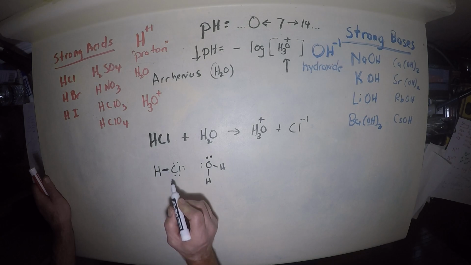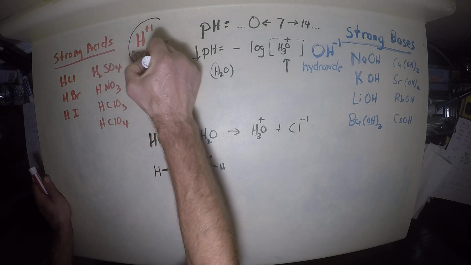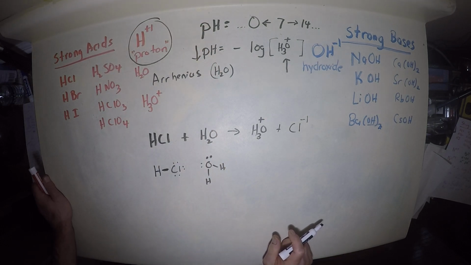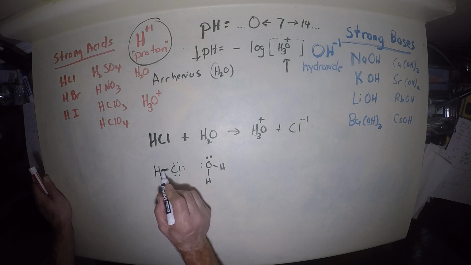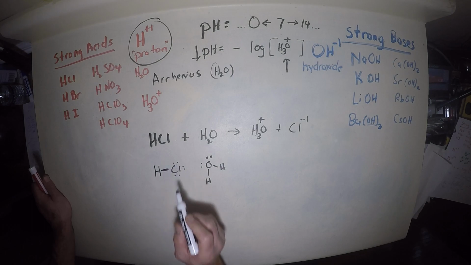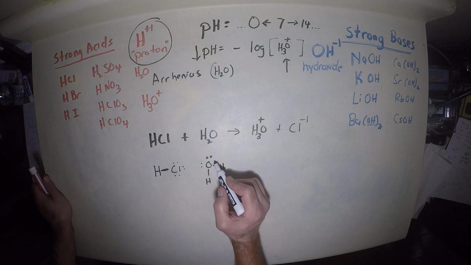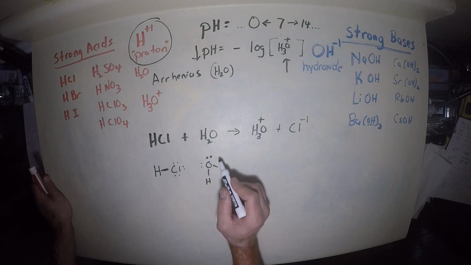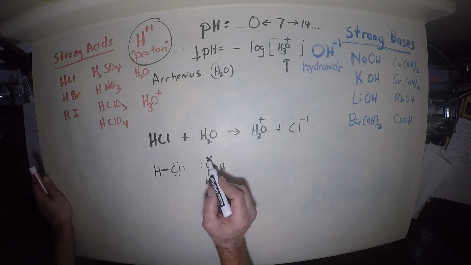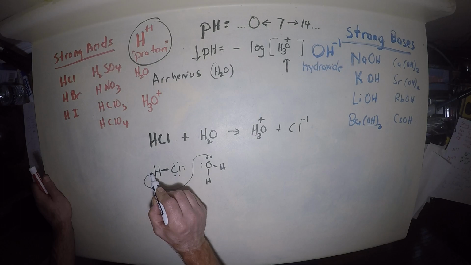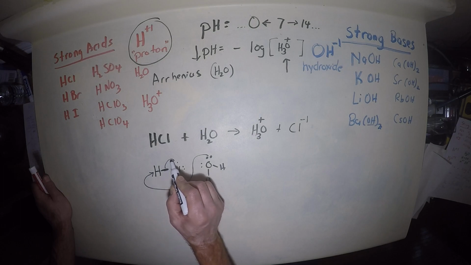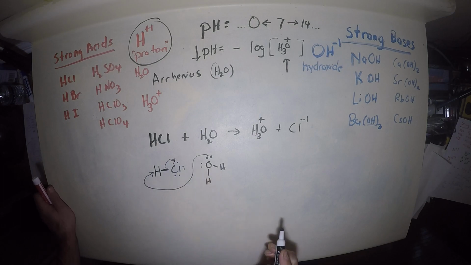And for HCl to release a proton, and the proton being a positive species, the covalent electrons between the H and the Cl have to go towards the Cl. And simultaneously, to form hydronium from water, a lone pair on the O of water must grab the proton from the HCl.